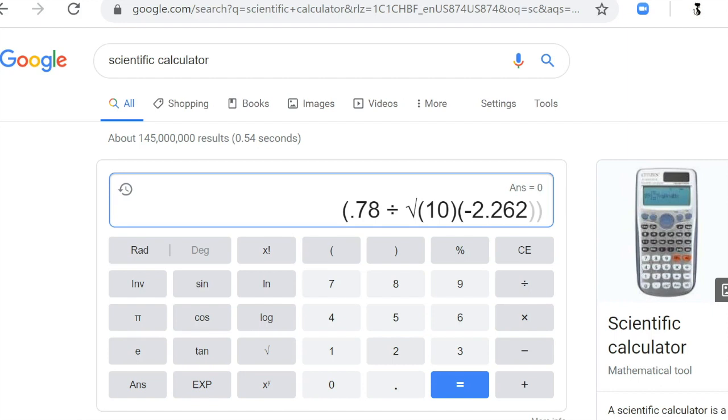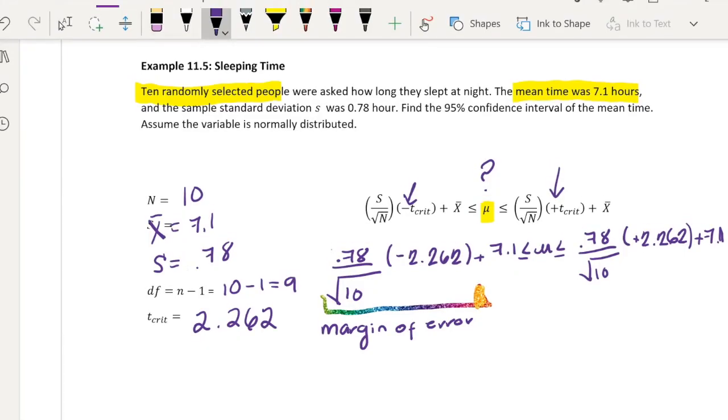I hesitated because I don't really know how to use this calculator. We'll see what we get. And that is my margin of error. I'm going to round that just for fun. I'm not picky with my rounding, so don't worry. My margin of error would be 0.56. And I believe it was negative. Yep.